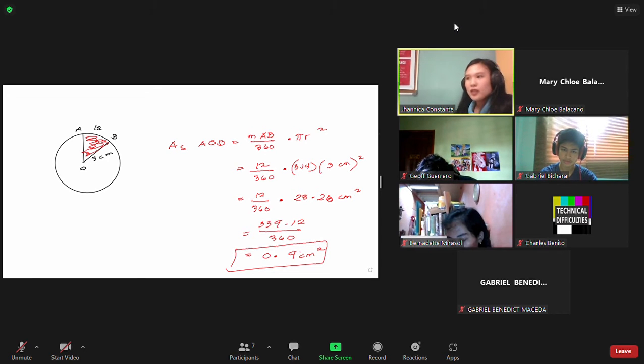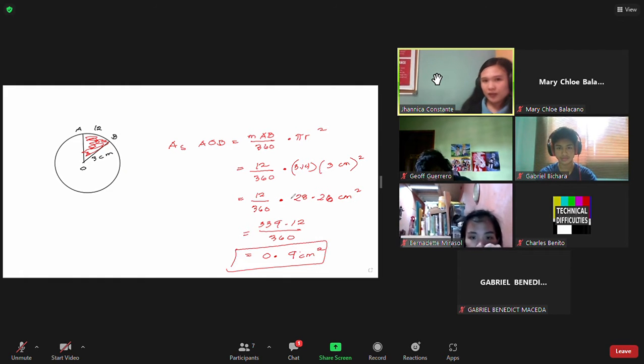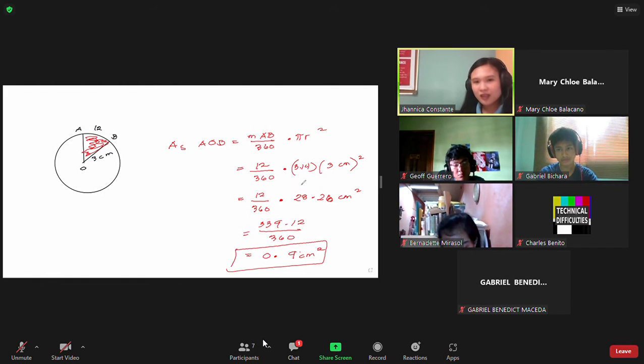You can use the exact value for pi since you have your scientific calculator, you have there your pi sign. Or if you don't have a scientific calculator, just use 3.14, since some of you don't have a scientific calculator, especially Gabby.